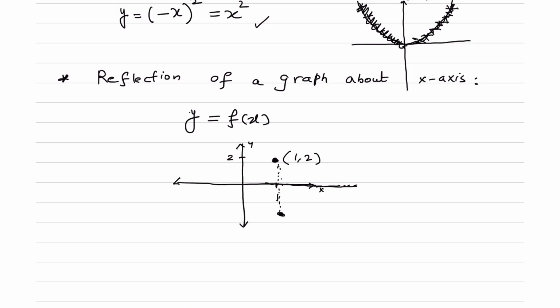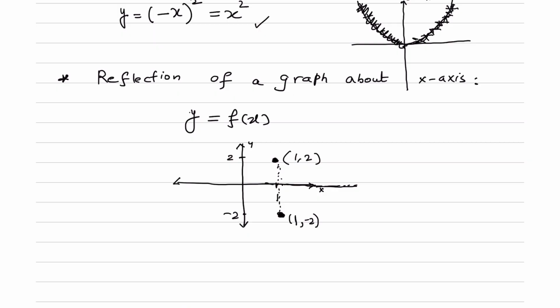So to come from (1, 2) to this point, how much height is covered down below? It had to come to -2. So this point is (1, -2), but the x has remained unchanged.